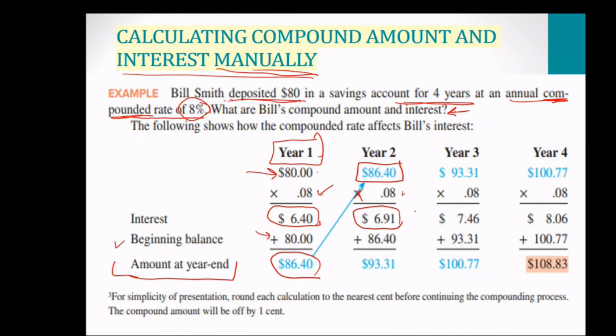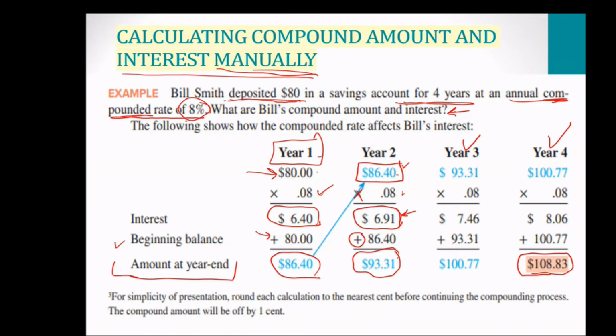This is the interest value for 1 year for $86.4. If I add it to 86.4, it will be 93.31. Again for the third year and for the fourth year, at the end of the fourth year, it becomes $108.83.